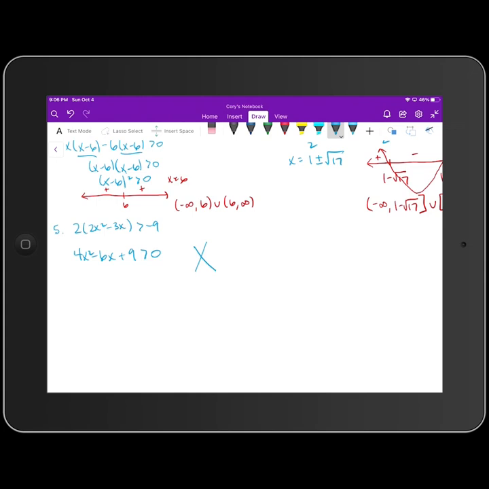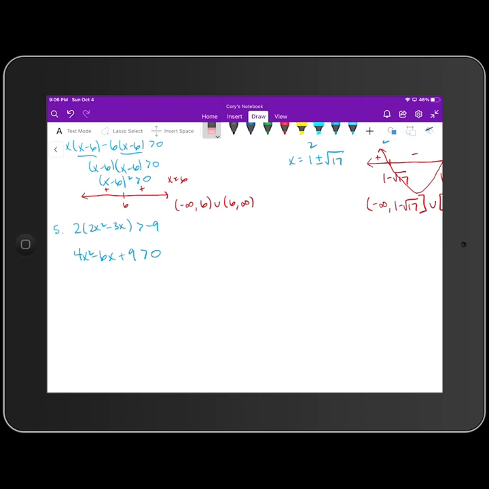Okay, so the number that's going to go on top is 9 times 4, which is 36. The number that goes on bottom is negative 6. So I'm looking for 2 numbers that multiply to give 36 and add to give negative 6. And there are no 2 numbers for which that occurs. Okay, so factoring is out, which means we want to use the quadratic formula to find the zeros.